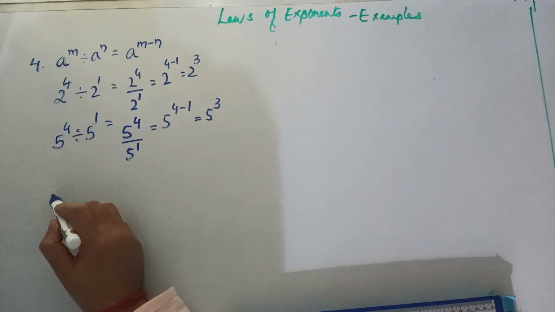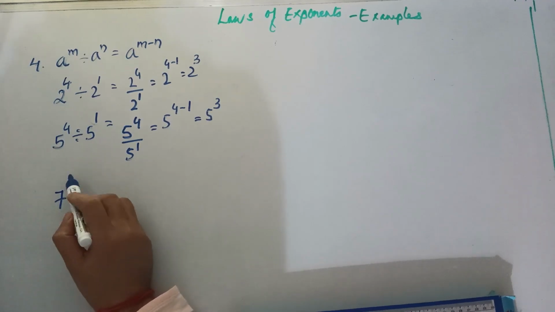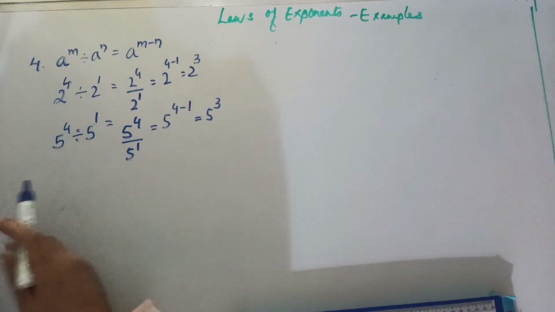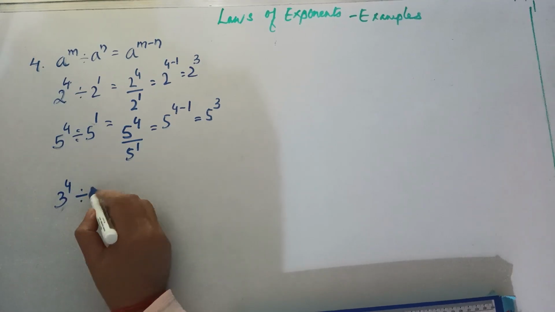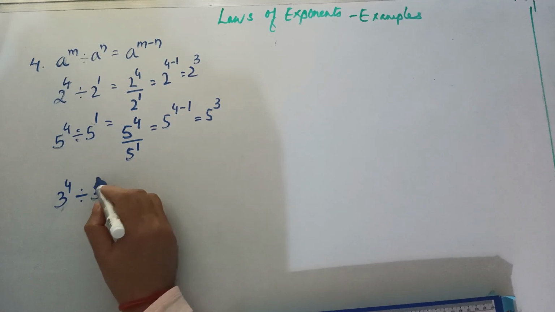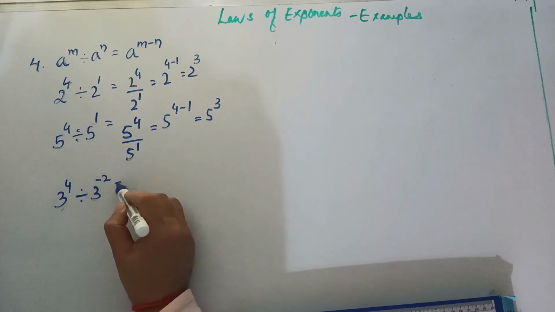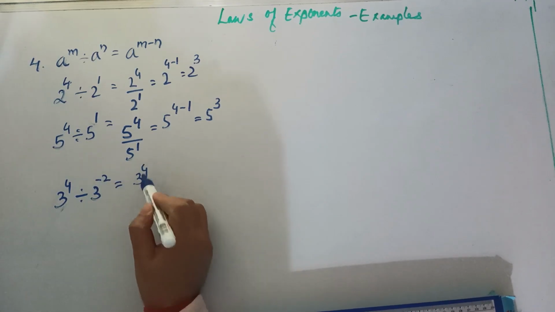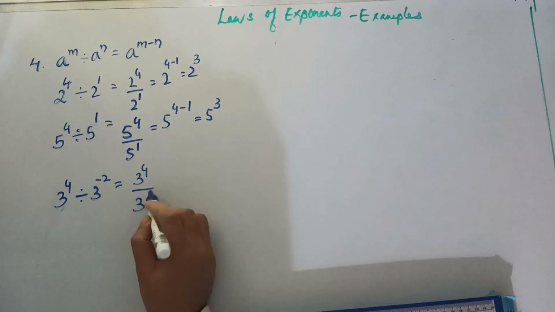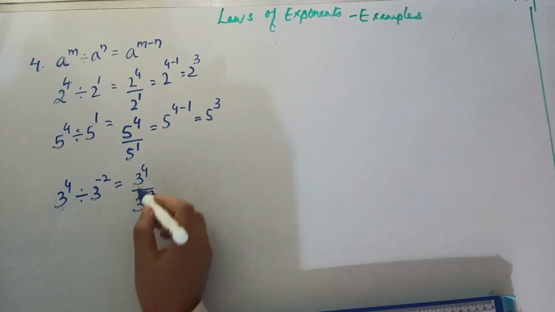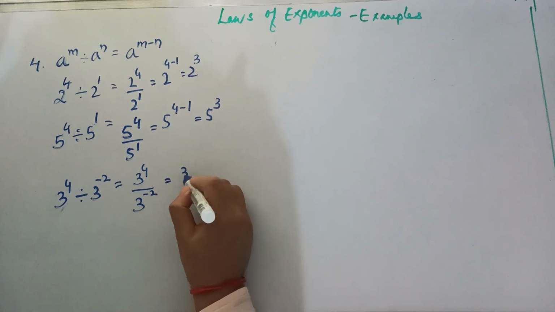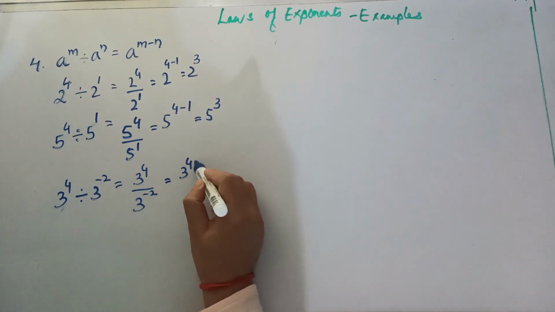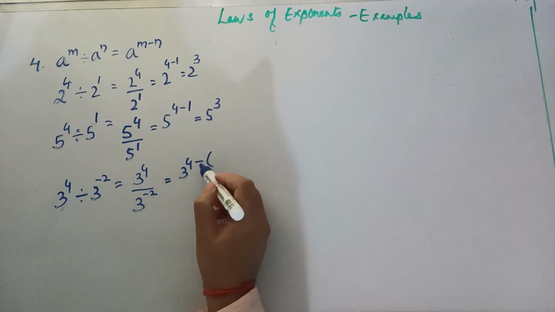And let's say we take 3 raised to 4 divided by 3 raised to minus 2. This can be written like this: 3 raised to 4 minus of, be careful of this minus sign.